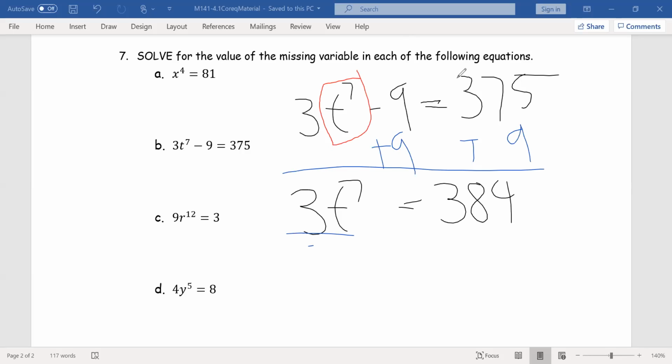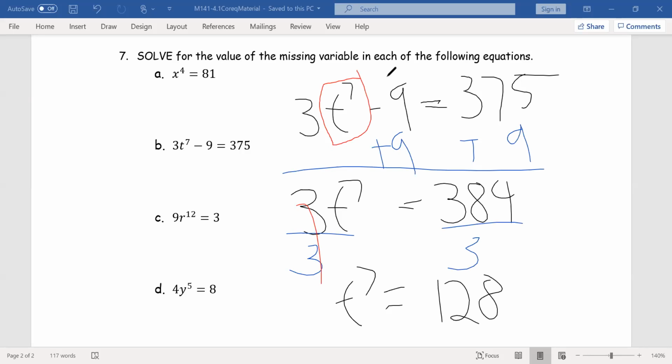Divide by 3 on both sides, and we end up with t to the 7th equals 384 divided by 3, which is 128. Then we take the 7th root on each side because we're trying to undo the 7th power. So 7th root on the left, 7th root on the right.